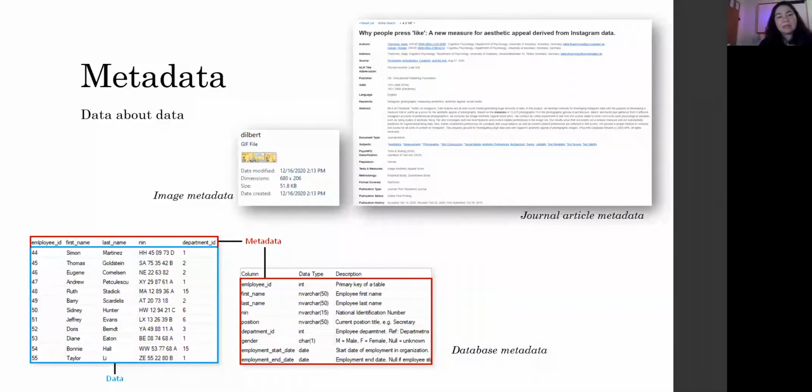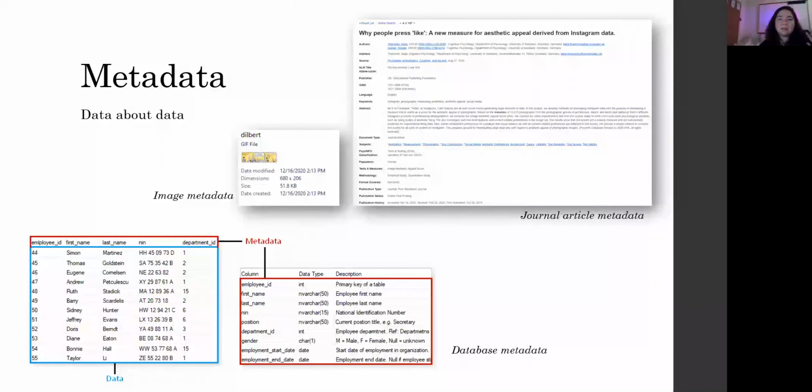The metadata is like the employee ID number: what type of data is it? It's an integer. A description about it: it's a primary key for the table. The first name, in this example, is at maximum 50 alphanumeric characters, and it represents the employee's first name.